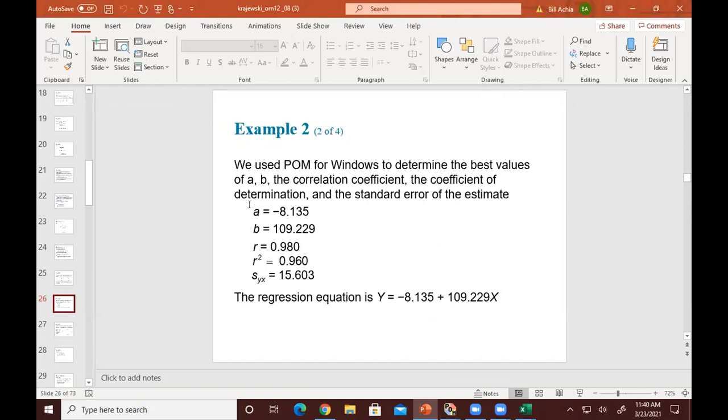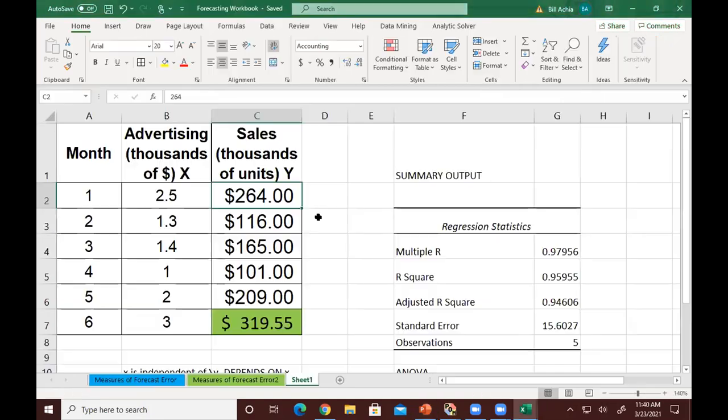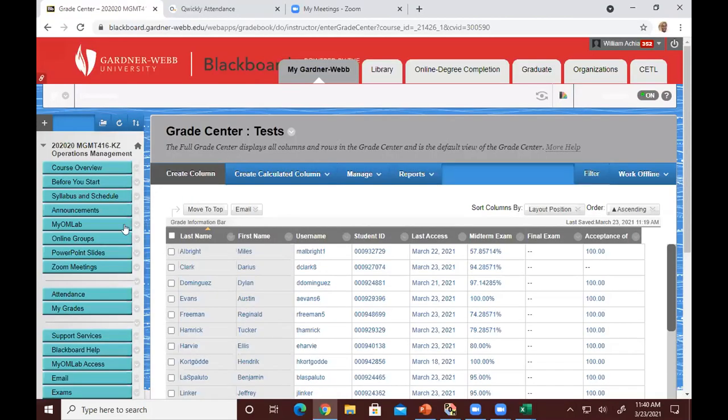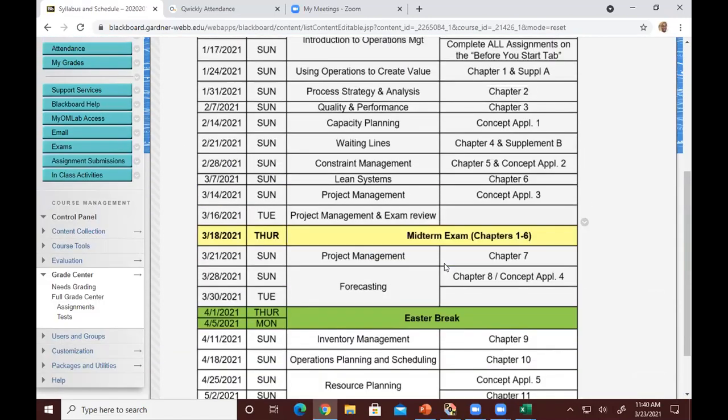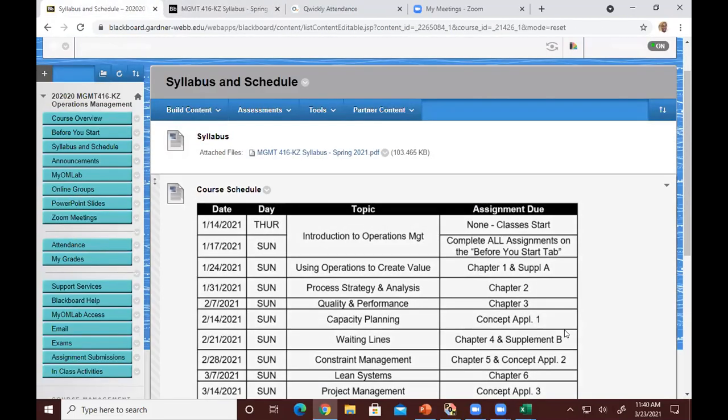I don't have a question about what we went over in class, but the next concept application, is it due this Sunday or the 11th? Yeah, it's good you mentioned that because I have all your concept applications to grade. I'm going to work on those today and get them back. Let's go to our schedule. We do have them there.